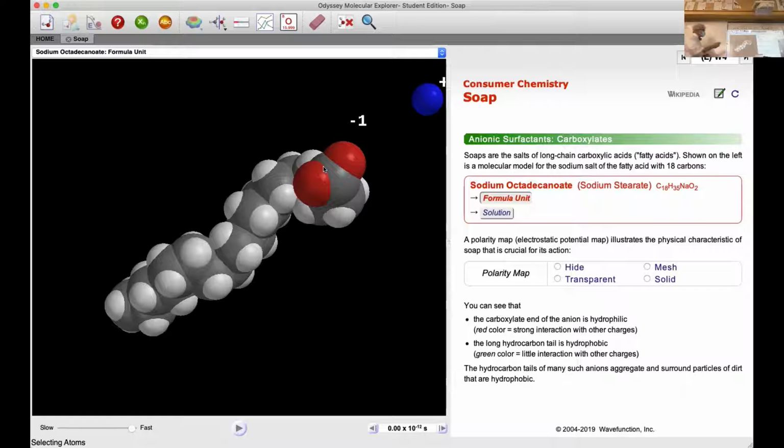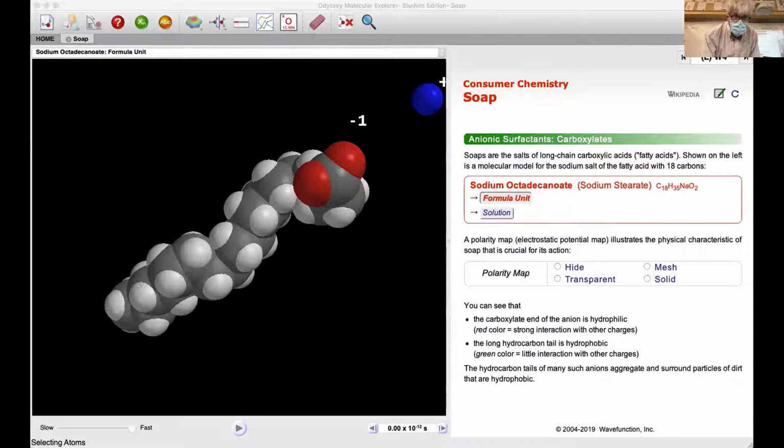So what does that mean? Well, that means over here, I got a bunch of stuff that is nonpolar. Uh-oh. That means it's hydrophobic. What does hydrophobic mean? Anybody, tell me.